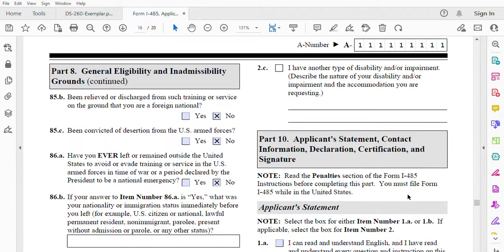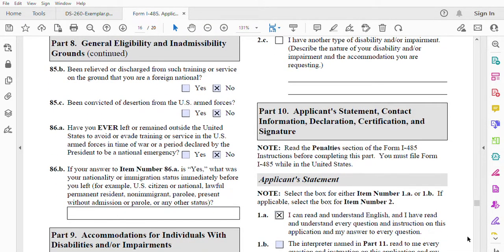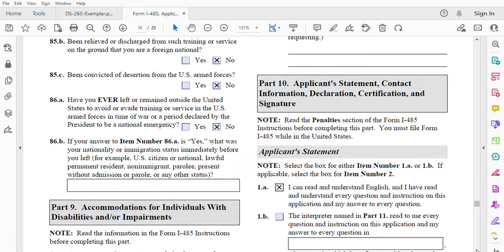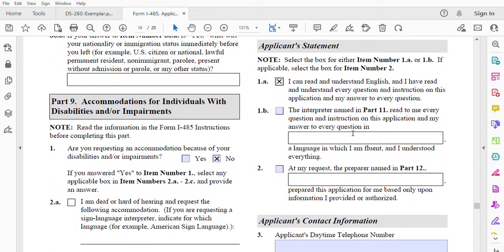Part 10, applicant's statement, contact information, declaration, certification, and signature. I can read English and have read and understand every question and instruction on this application and my answer to every question. If you used an interpreter, in Part 11 enter the name over here. If you used a preparer, you can enter the name over here.